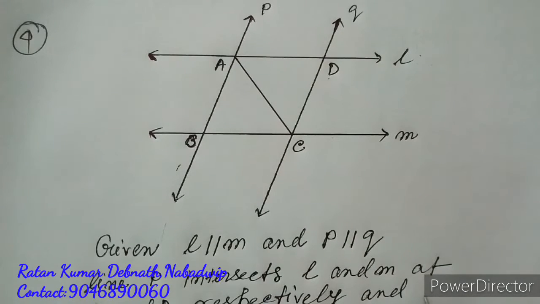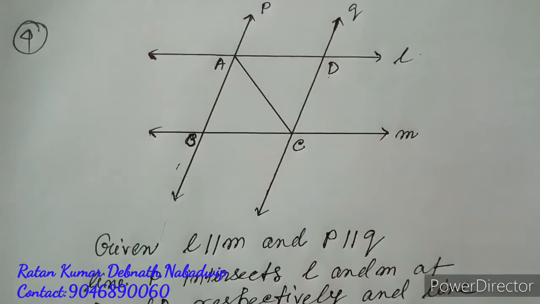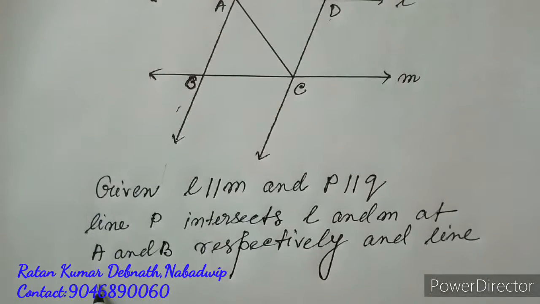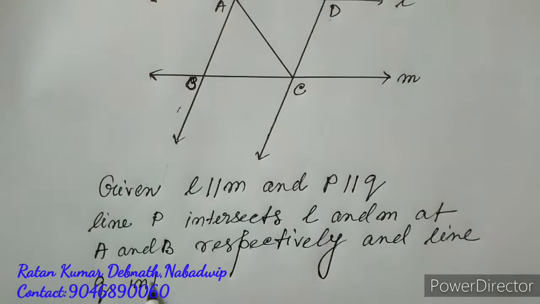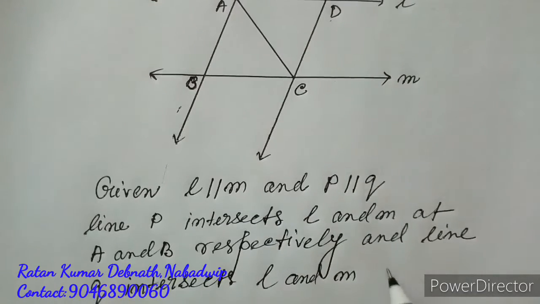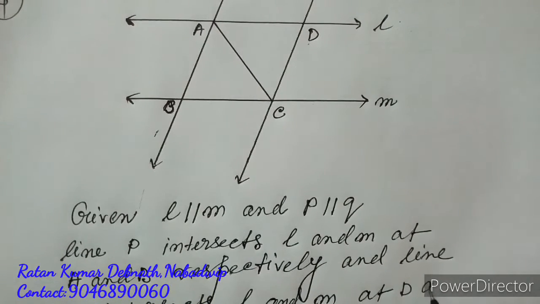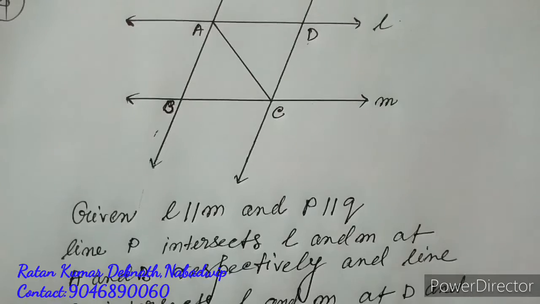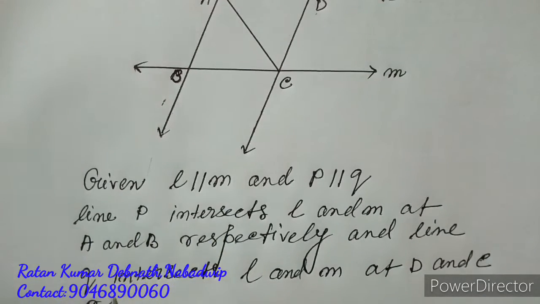And line Q intersects L and M at D and C respectively.